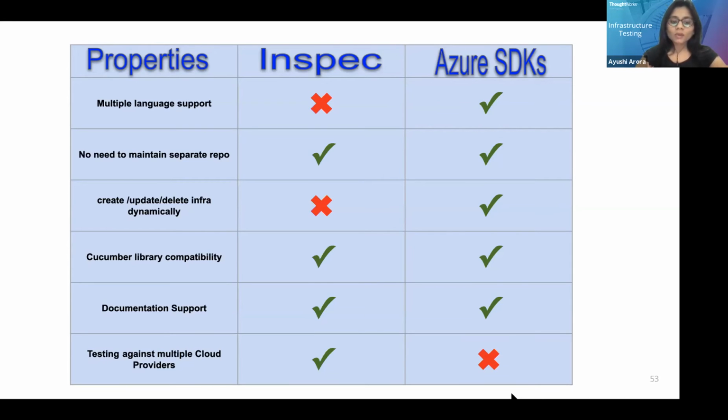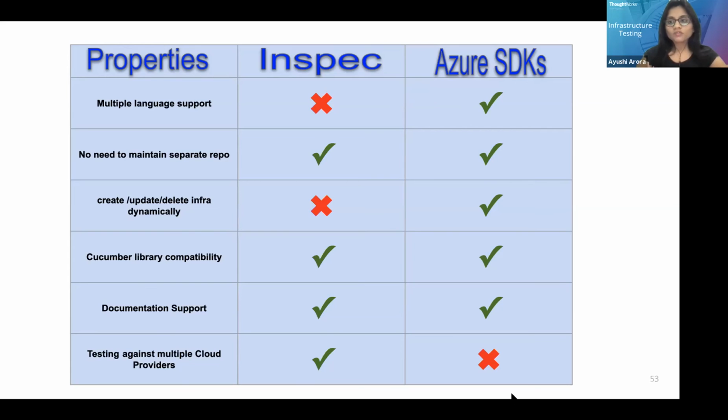Testing against multiple cloud providers. As Inspec is not dependent on any cloud provider, we can use Inspec to write the config testing code for any cloud provider service. But this flexibility is not provided by Azure. The Azure SDKs are just for the services which we are using from the Azure portal.